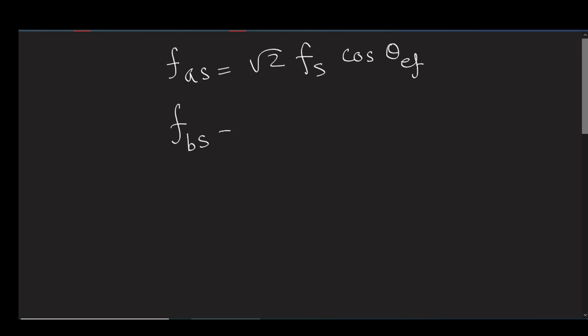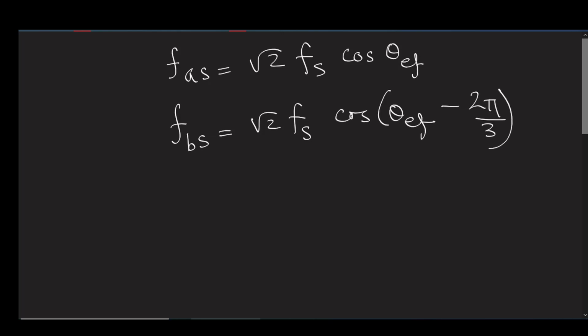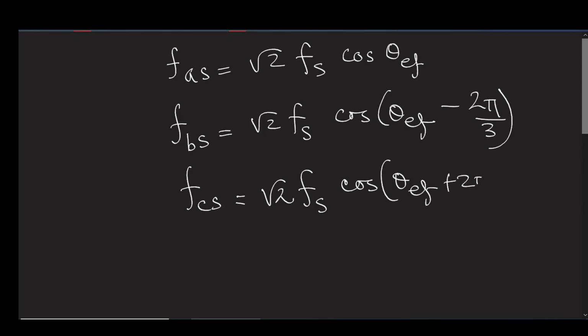If FBS is equal to root 2 Fs cos (theta EF minus 2 pi by 3), FCS is equal to root 2 Fs cos (theta EF plus 2 pi by 3). During steady state, obviously Fs is not a function of time, but during transient we cannot comment.